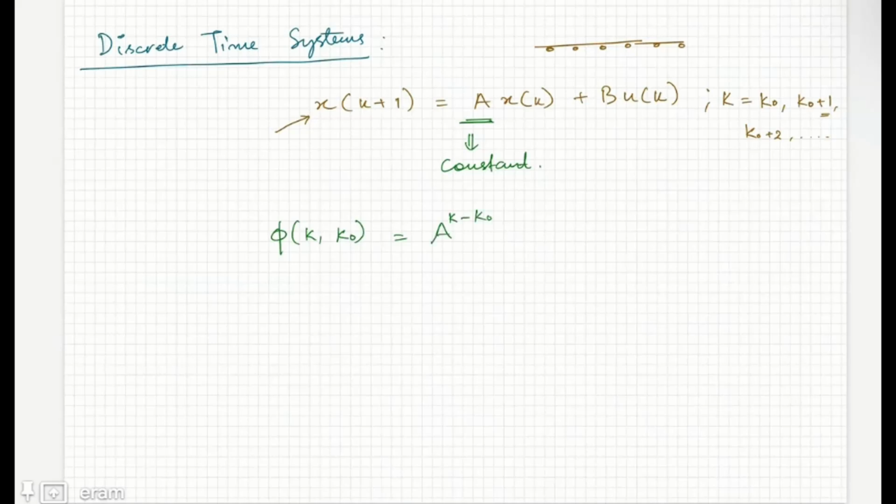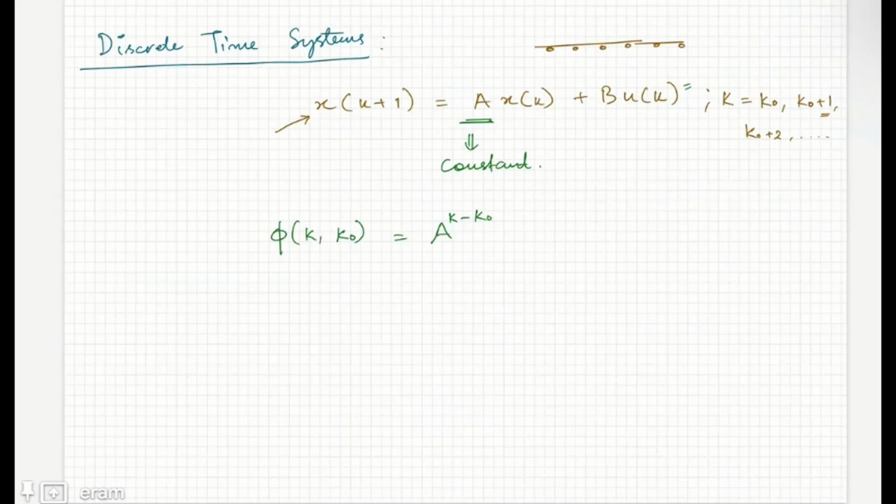You can just write x of k plus 1, then x of k plus 2, and wherever we have x of k plus 1 we can substitute, and by doing so we easily find that you will have something like A to the power k minus k naught times x of k naught.